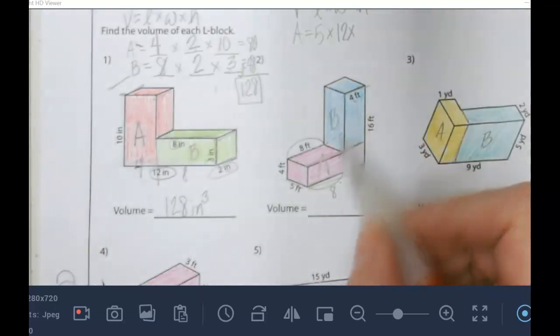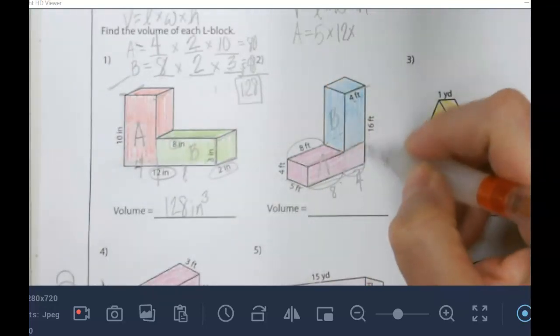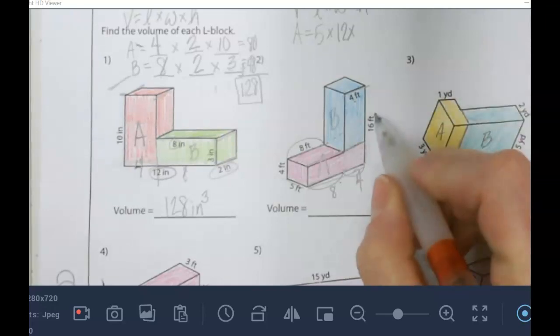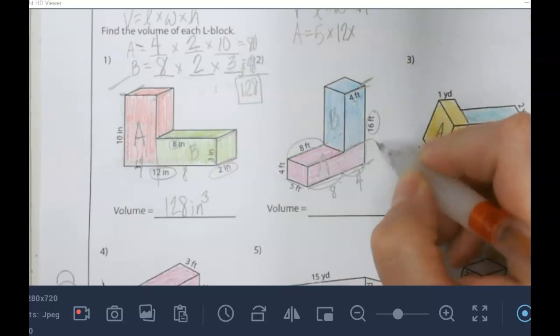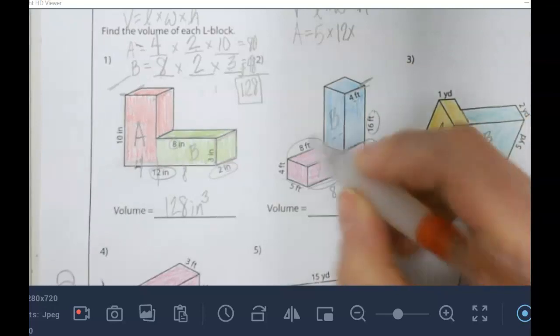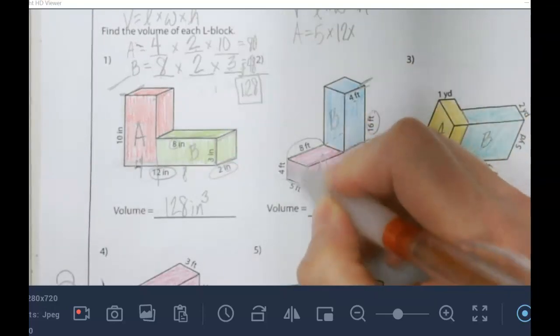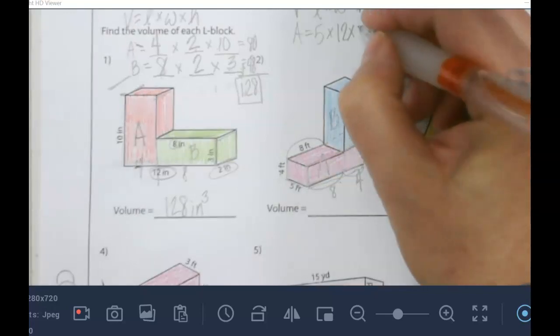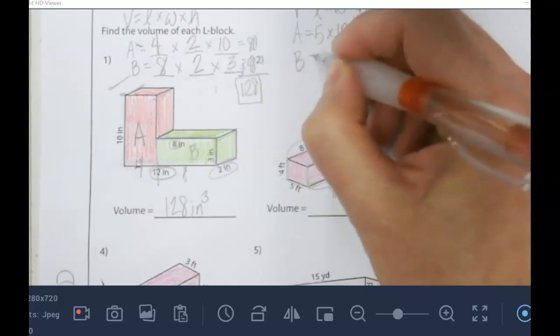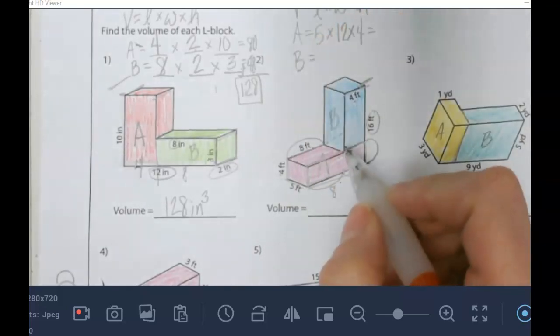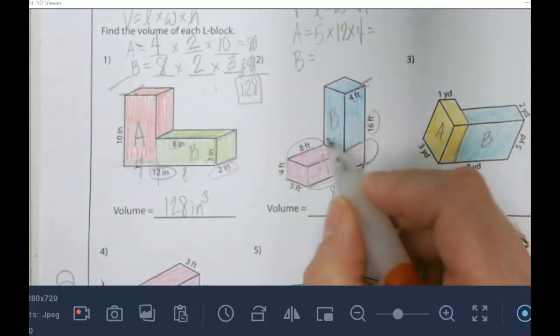Remember shape A is the pink one, so I'm looking for the height now. I don't see it there. I see the whole height, but that's from here to here, and I only need here. So look at parallel, no. Parallel, yes. 4. Then we have shape B, which is the blue one. We're looking for length.